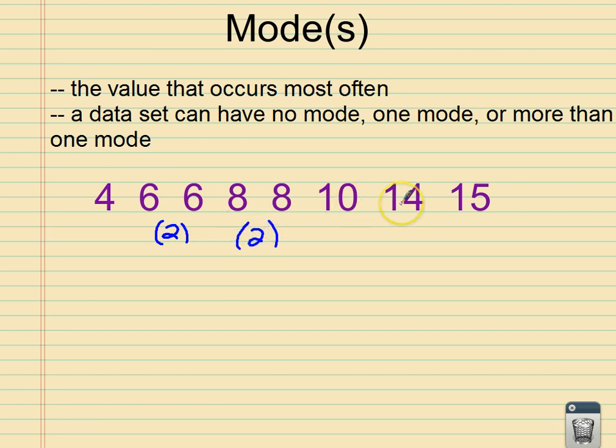A 4, the 10, the 14, and the 15 all occur one time. But the 6 and the 8 occur more times than the others. And since they're both occurring twice, I can have 2 modes. So the modes are 6 and 8.